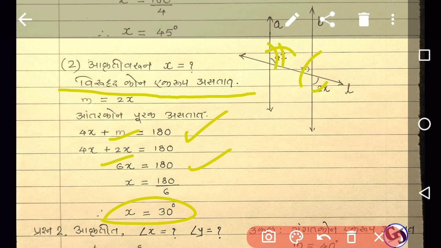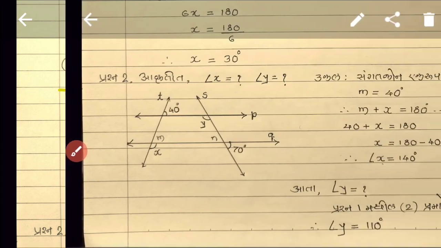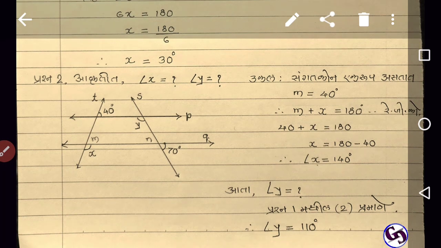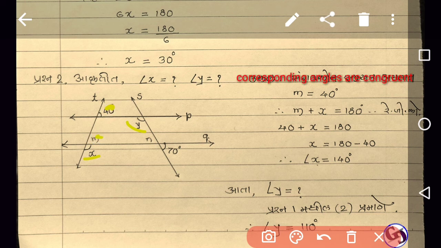Okay. Now for the third question, in the figure we have to find angle x and angle y. Now solution. Friends, here 40 degrees is given and here m, suppose both angles are corresponding angles, and corresponding angles are congruent.